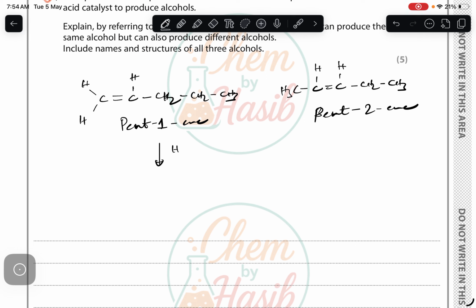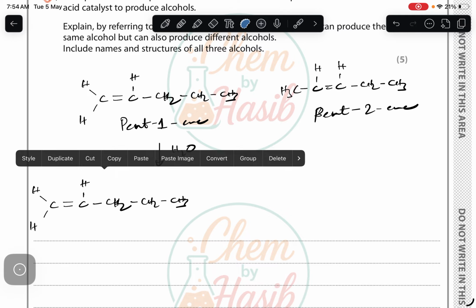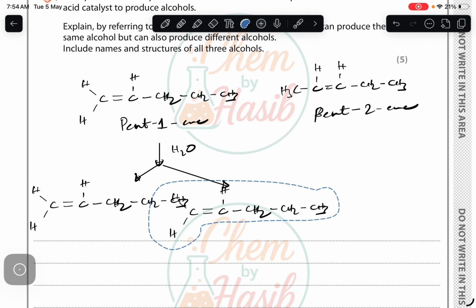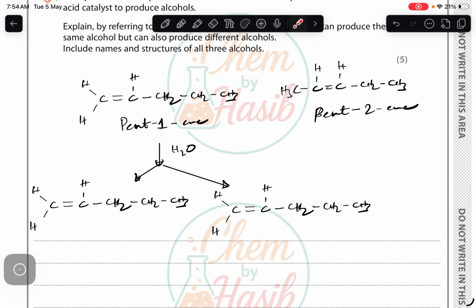Now, if you react steam with pent-1-ene, two possible products can form. Let me show you both the products. Two possible products can form because water has H and OH, right? So one carbon will get attached to H, the other carbon will get attached to OH.